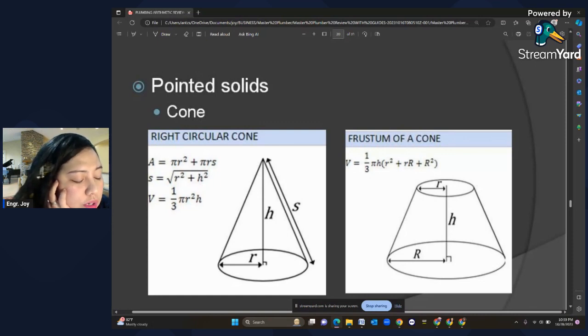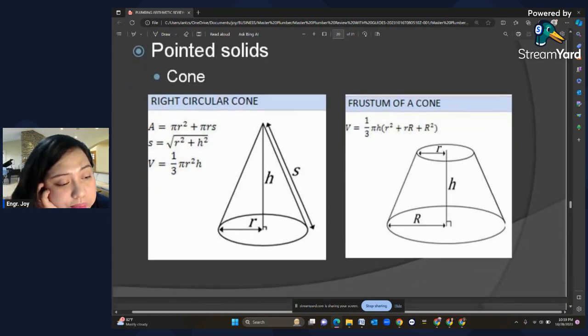Volume is 1/3 pi r squared h. So this is the frustum of a cone. It's 1/3 pi h times r squared plus r, small r or small radius, times the larger radius plus R, the larger radius squared.